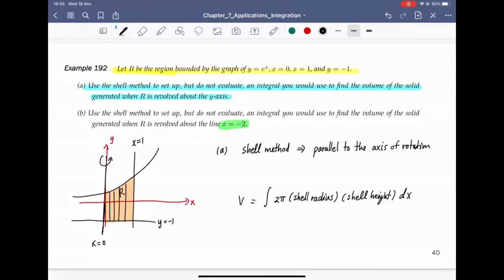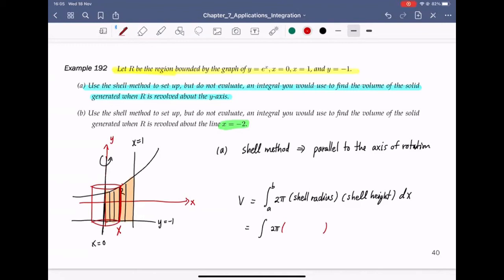So what is going to be your shell radius and shell height? Let's say a to b first. To keep the picture clean, you can think of just one x here. And then you can imagine that after you rotate, you're going to get a cylinder. So the shell radius is going to be just x, right?